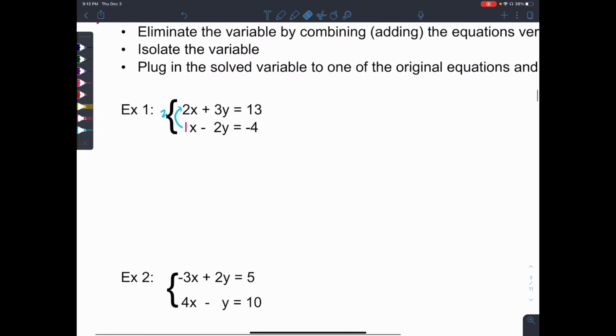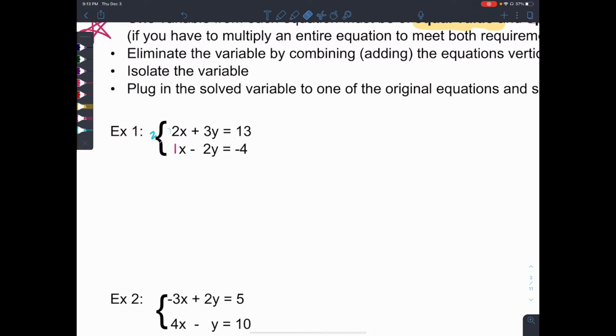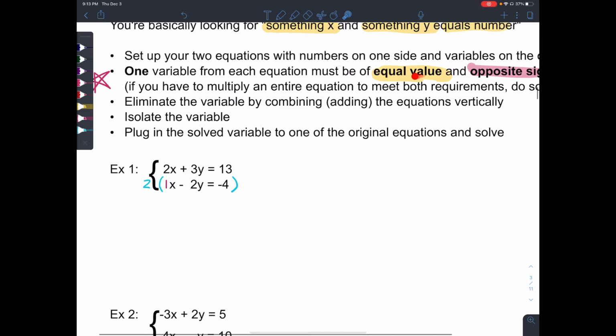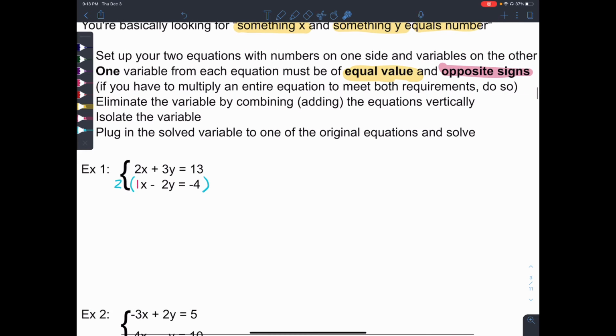So this entire bottom equation is going to get multiplied by 2. So that will fix the equal value portion. Now to fix the opposite signs portion, we have to look at the signs of our x's.